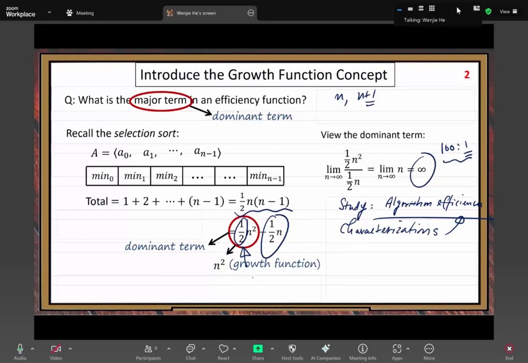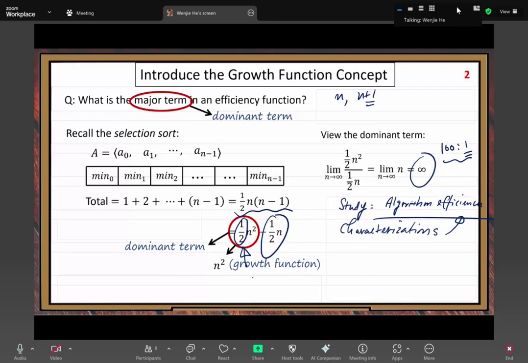The definition of the growth function: after 2 rounds of simplification, the first round we drop the minor terms. We only keep the dominant term. The first round of simplification. Second round, we drop the leading coefficient of the dominant term. Then the remaining part, that's the growth function. That's the definition of the growth function. Why do we use growth functions? Because we want to use growth functions to define different categories of our efficiency functions.